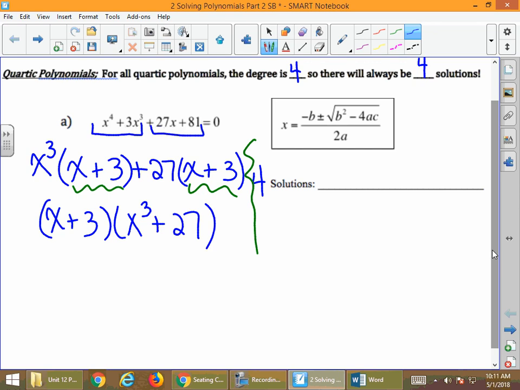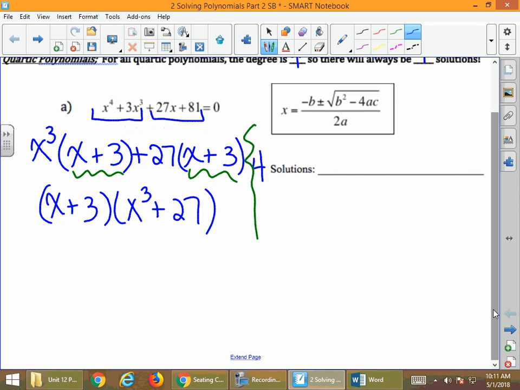The thing that we have to notice at this point is that we can still factor. And we need to keep factoring to finish this problem. Can't do anything with the x plus 3. But we can factor x cubed plus 27. And just a reminder that I'm going to use the SOAP as part of that.